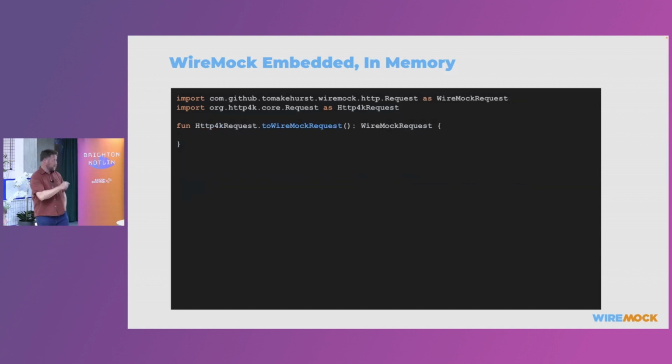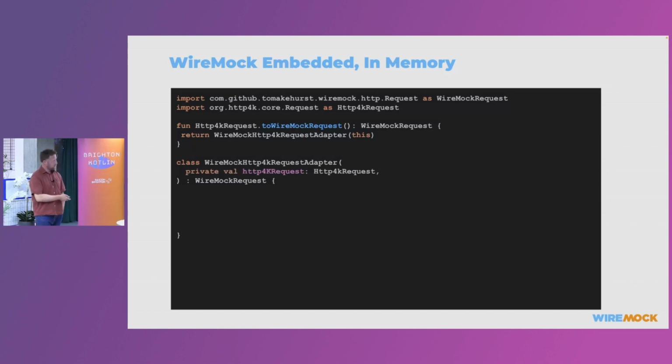Let's first of all look at creating that WireMock request. All it is is a class that adapts the one type to the other and implements the WireMock request interface. Again, helpfully, they're both called Request, which isn't very surprising, so I've aliased them to make it clearer what's going on. It takes in an http4K request.